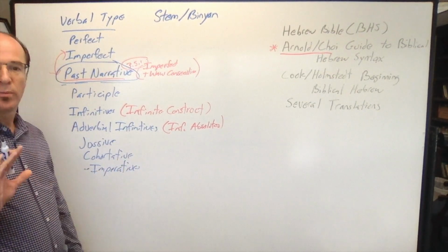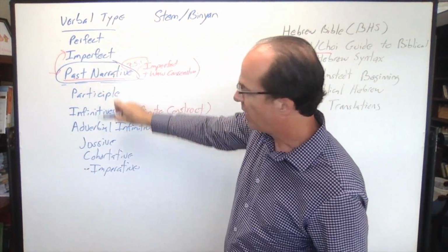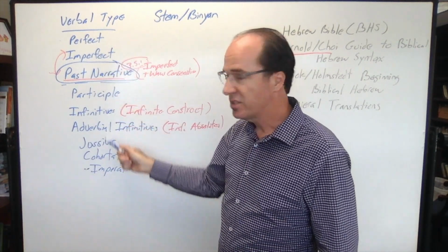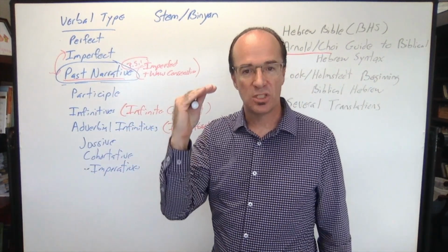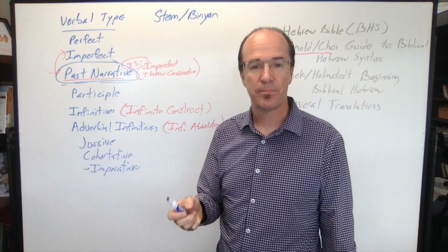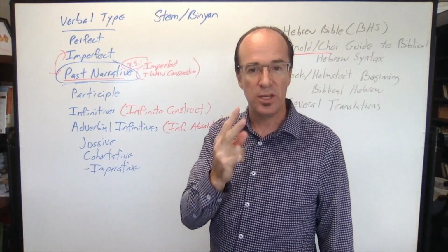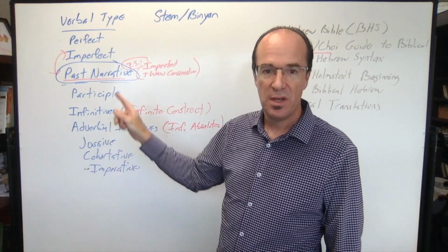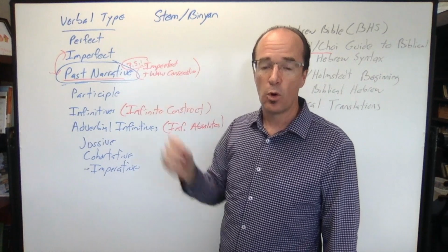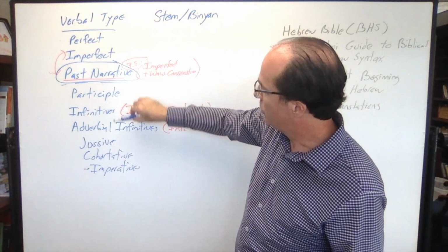Now, when you're completing a grammatical analysis assignment, you want to make sure that you identify a verb by its verb type, and then look up these categories in Arnold Choi and select the category that fits the context. Again, you can see the example for how that's done, but make sure you identify two things. You're going to give the category from Arnold Choi, and then you're going to go to the stem or binyan and analyze the stem. So again, these are the verbal types.